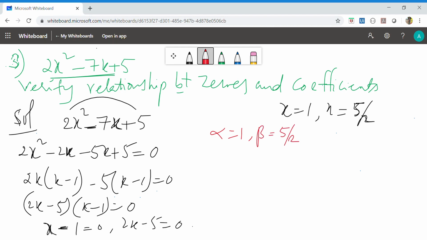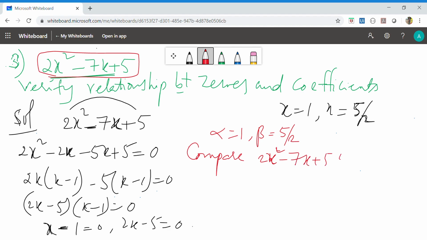And what is the relationship? To find the relationship, you have to compare the given quadratic polynomial 2x square minus 7x plus 5 with the standard form ax square plus bx plus c.